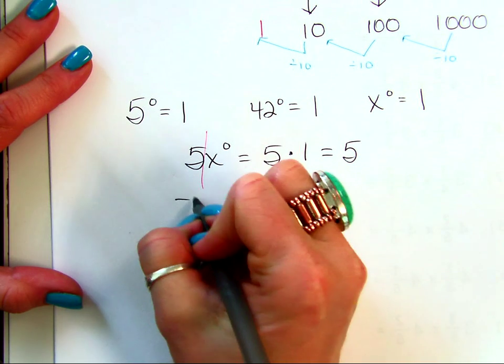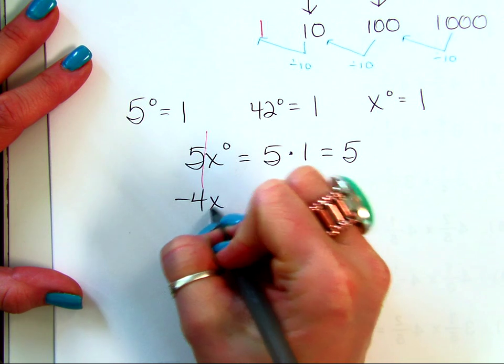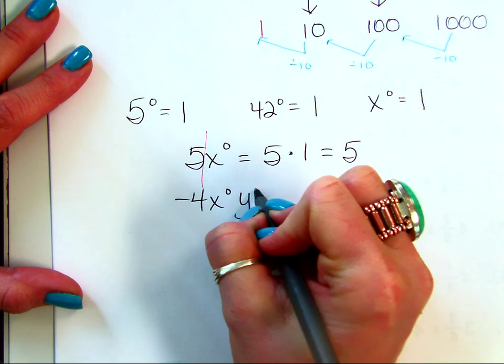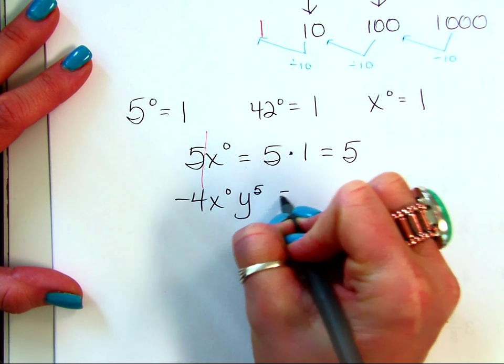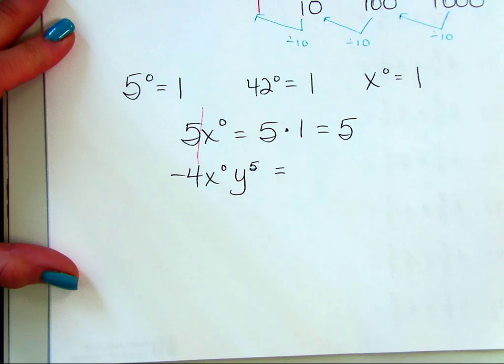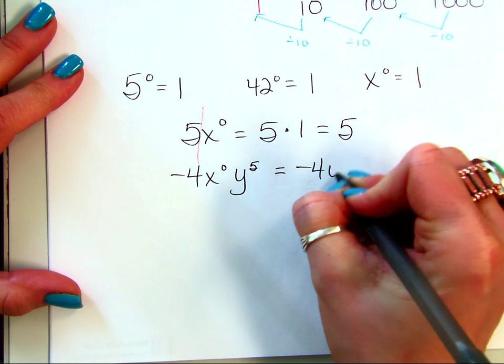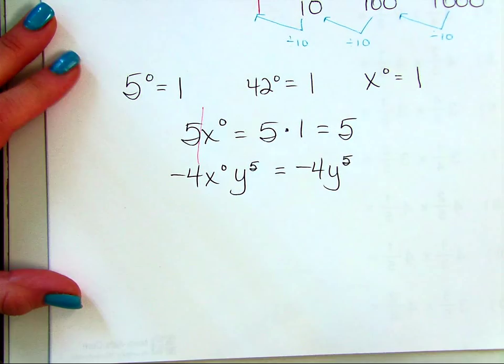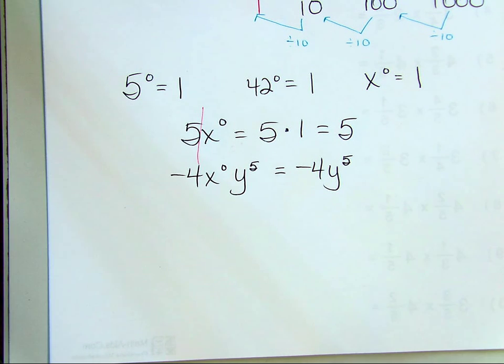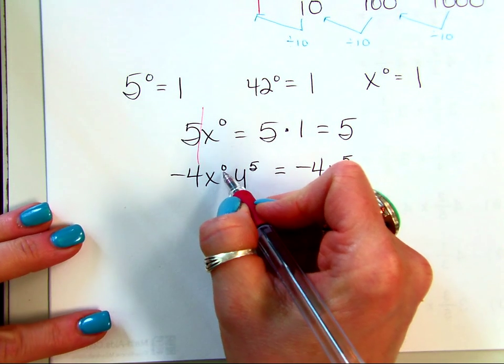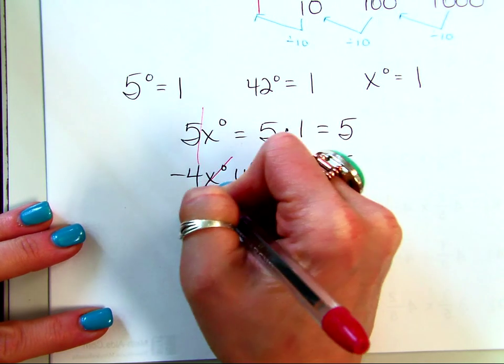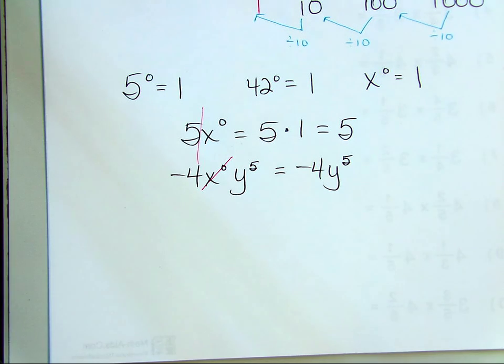So like negative 4, x to the 0, y to the 5th would be what? Just negative 4, y to the 5th. So here's what's kind of cool about x to the 0 power. X to the 0 power means it turns into a 1, and 1 is the identity element, right?